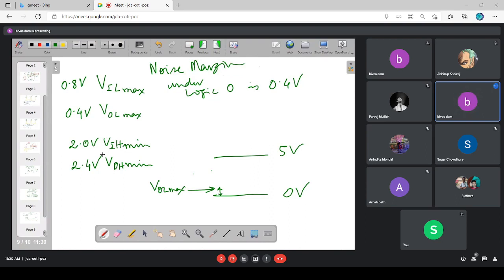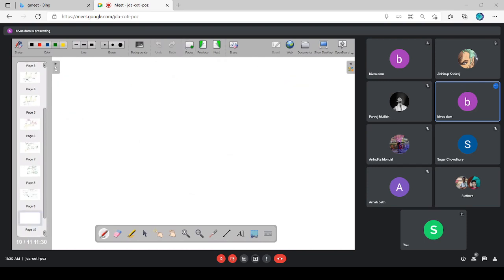Another term: fan out. Fan out specifies the maximum number of loads that can be connected to one particular output line.